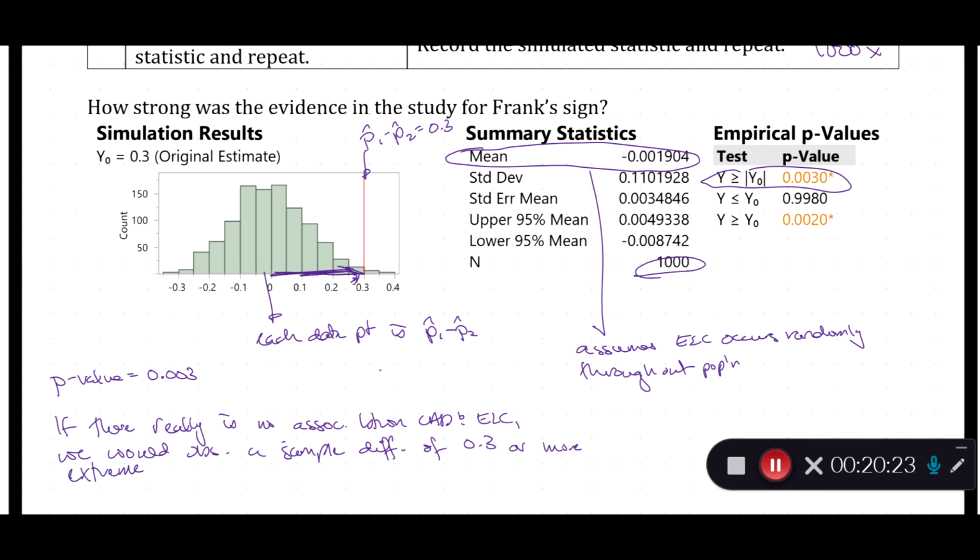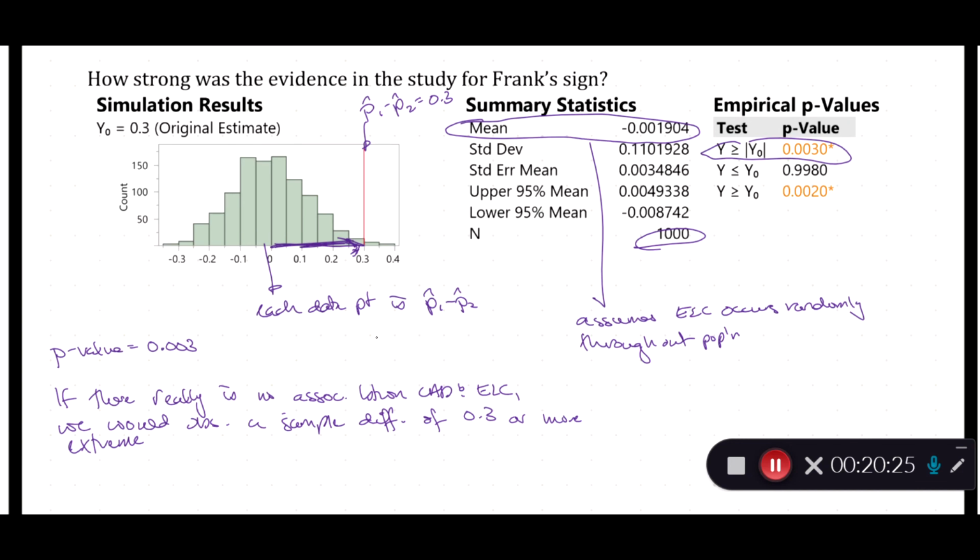So that could be 0.3 or bigger, or negative 0.3 or even smaller, like negative 0.4 and so on. Only 0.003 probability. So that would be 0.3% of the time. This is a very rare occurrence. This difference is pretty unlikely to occur just by chance if earlobe crease is not linked in some way to coronary artery disease.